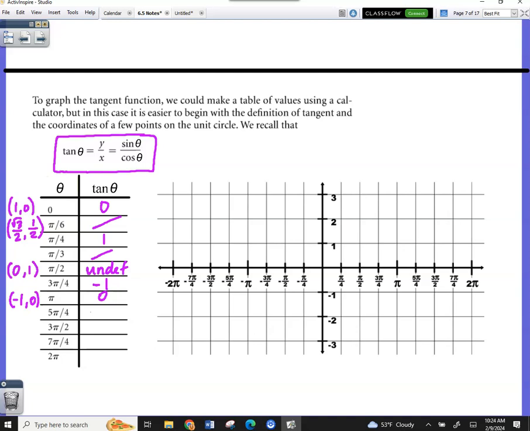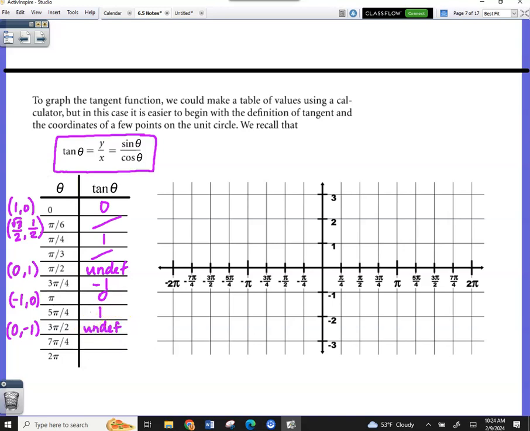5 pi over 4, x and y are going to match. You're in quadrant 3, which means you get +1, right? Because they're both negative. All right, 3 pi over 2 is a quadrantal angle. It's 0, -1. If I do y over x, what do I get? I get undefined.